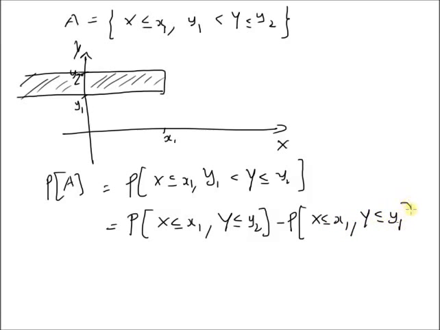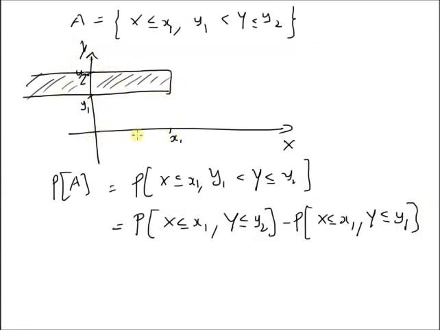to y1. We can easily calculate the probability of this shaded region by calculating the difference between the probability of this blue region and the probability of this orange region.